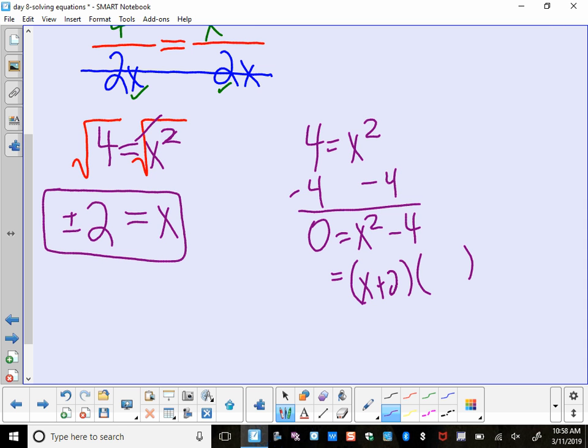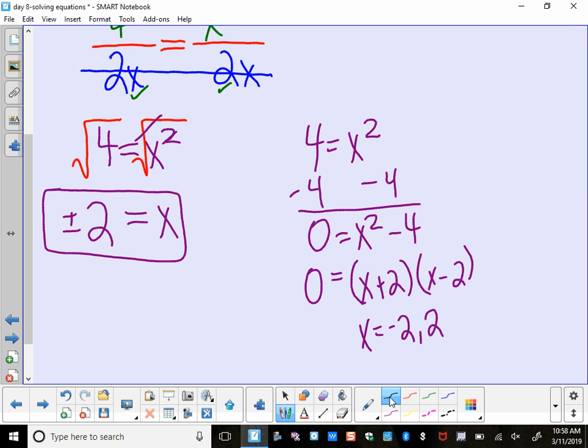This also works, because your x will equal -2 and +2. Does that make sense? Either way works. If you can see that that's the square root, then do that. If you can see that you want to subtract 4 and get everything to one side, do that.